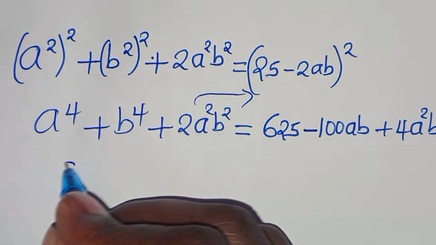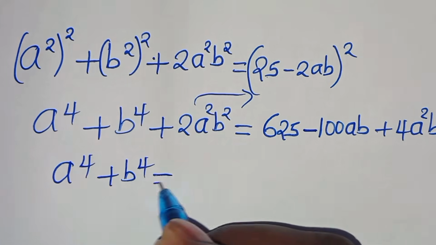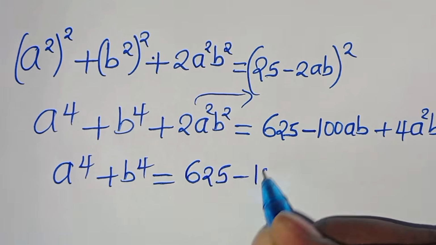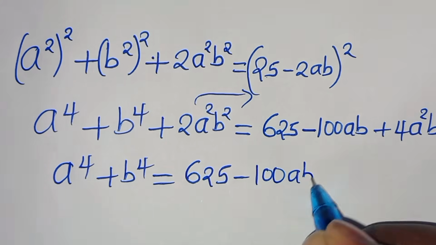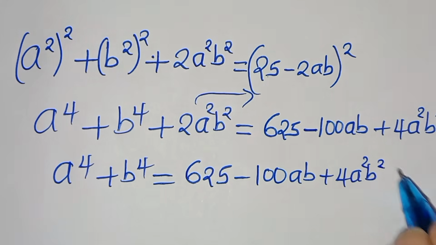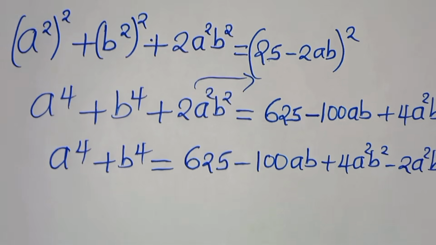Now, let's take plus 2a squared b squared to the right hand side. So a to the power of 4 plus b to the power of 4 is equal to 625 minus 100ab plus 4a squared b squared minus 2a squared b squared.